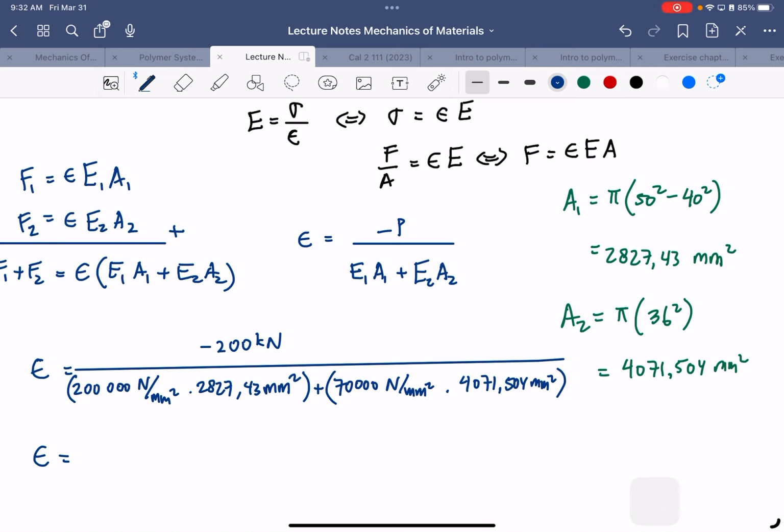So we get negative 2.3515. This is going to be millimeter per millimeter.